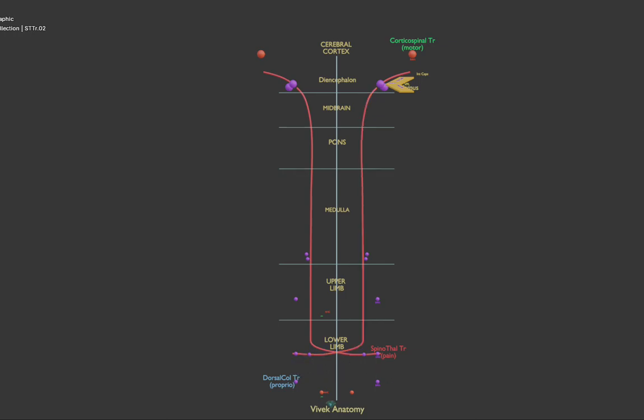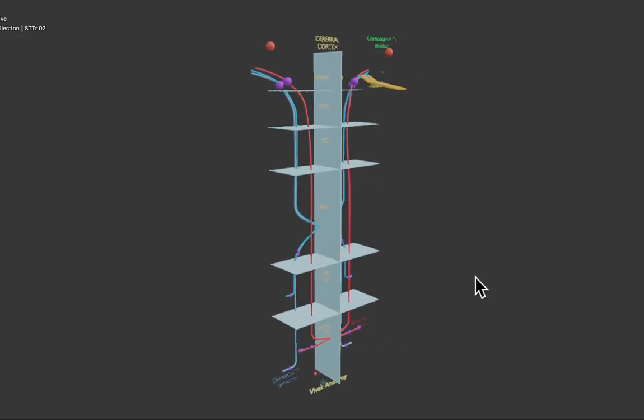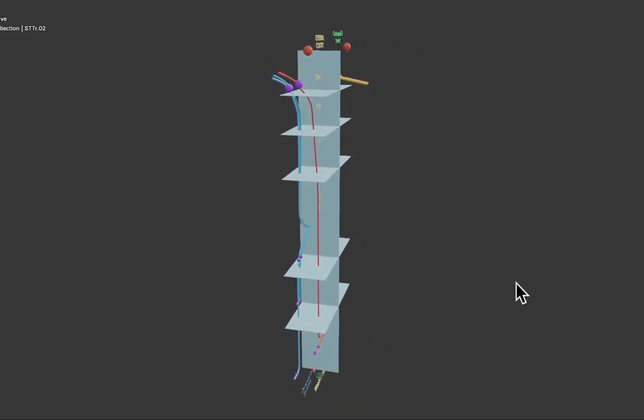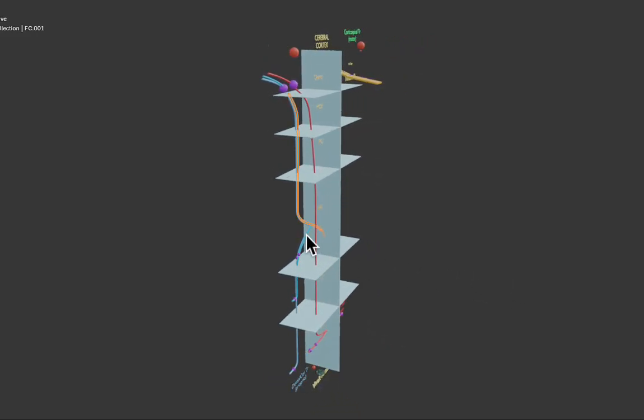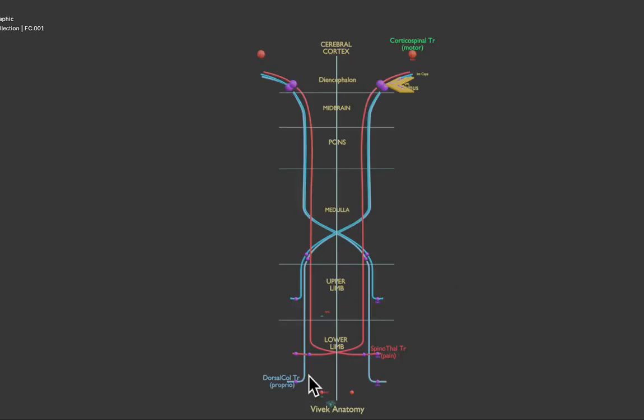However, the other set of the sensory tract is the dorsal column tracts. Okay, so it's called dorsal column tract because it's more posterior in the spinal cord. First order neurons entering the spinal cord in this dorsal column tract, the blue color one, run all the way to the medulla.